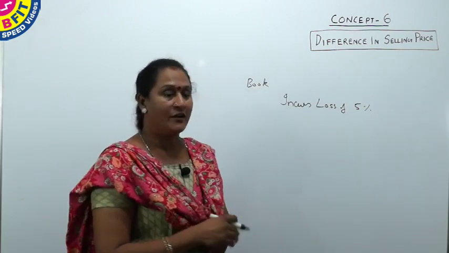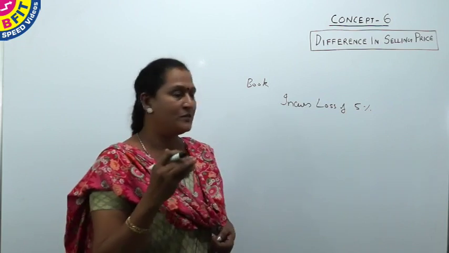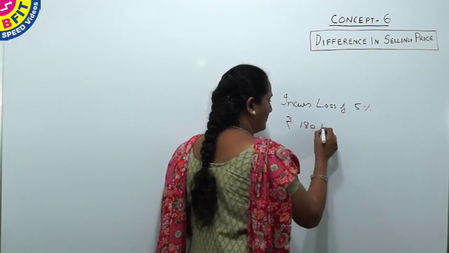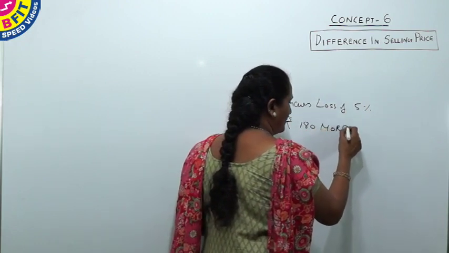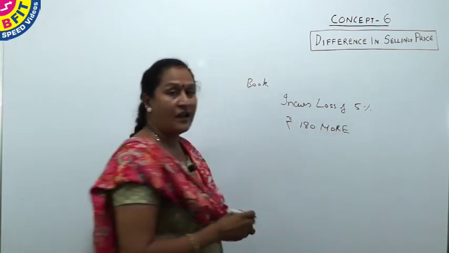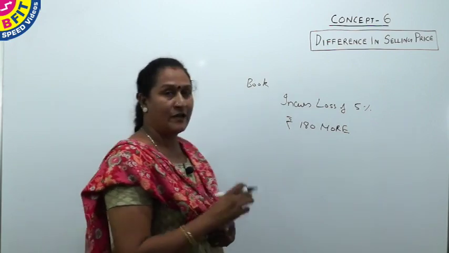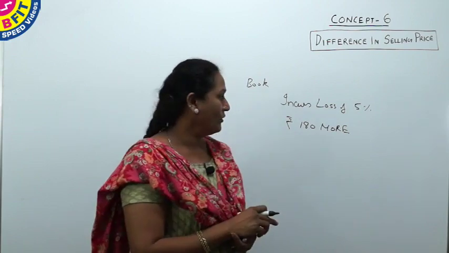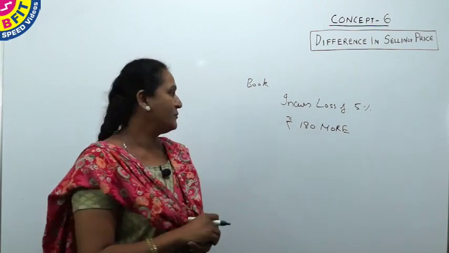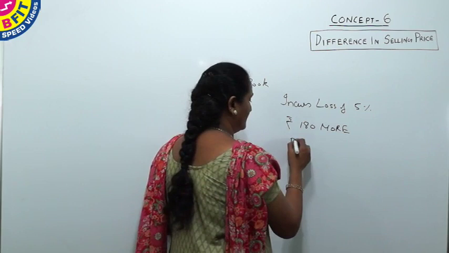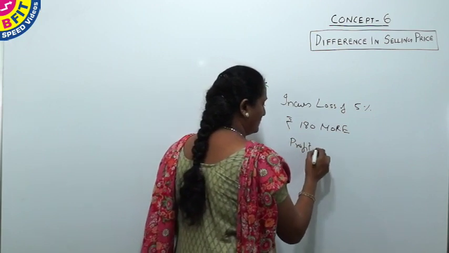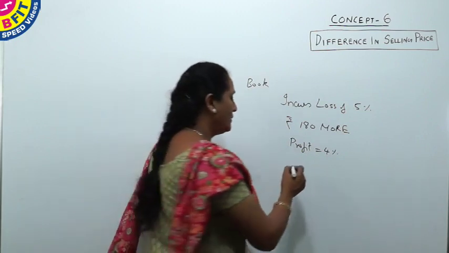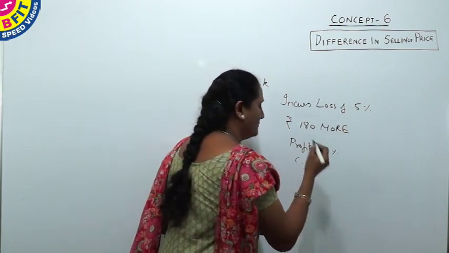If he had sold it for 180 rupees more, he would have got 4% profit. So the exact selling price is not given. Now what is the cost price is asked.